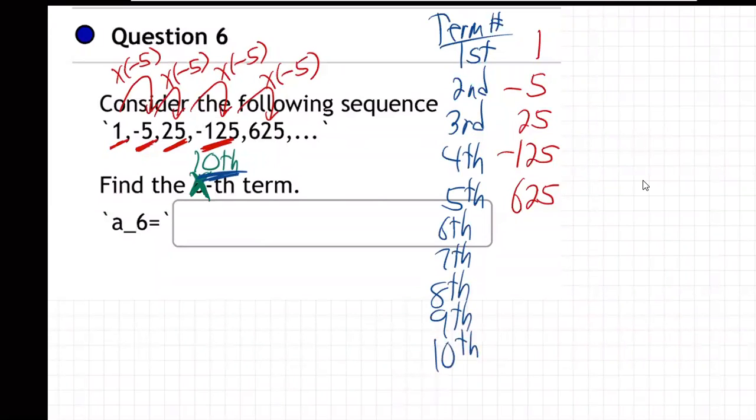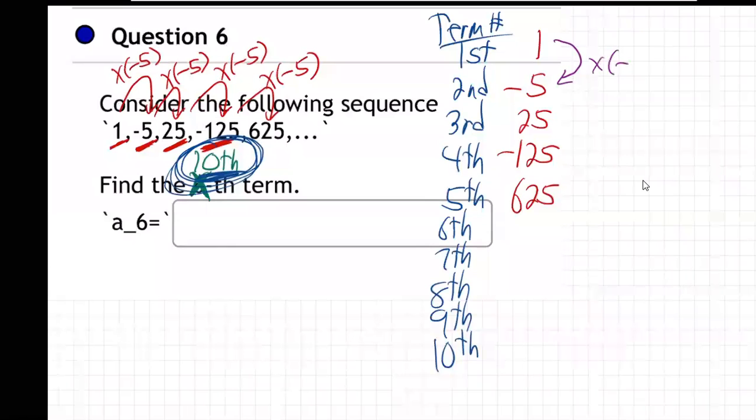So we really don't have to come up with a formula on this one. I mean, we could, but they're not asking us for the formula, and it's not required. All that's required is to find the 10th term. So we could just follow the yellow brick road, so to speak, right? What has it been doing every time?